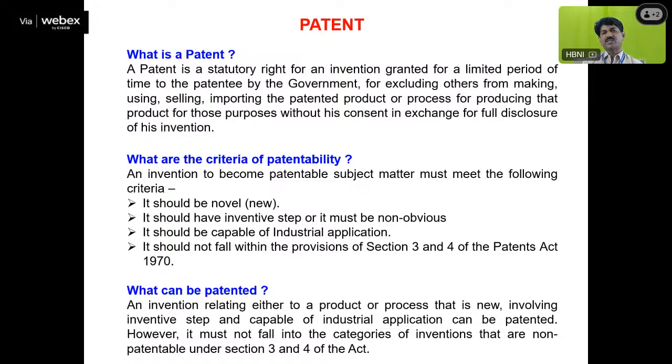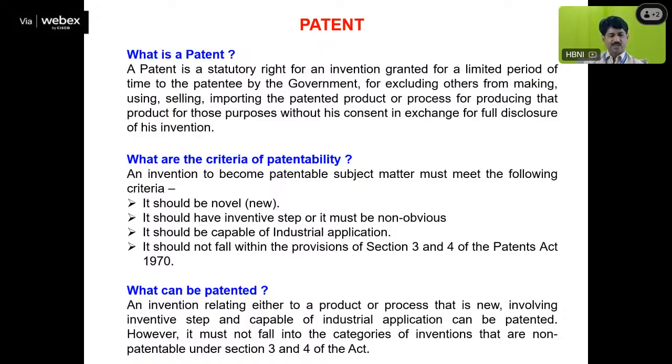It has two sections, Section 3 and Section 4. We'll discuss them today in a little more detail. So if the products or the processes come under Section 3 and Section 4 of that Patent Act 1970, that cannot be patented.